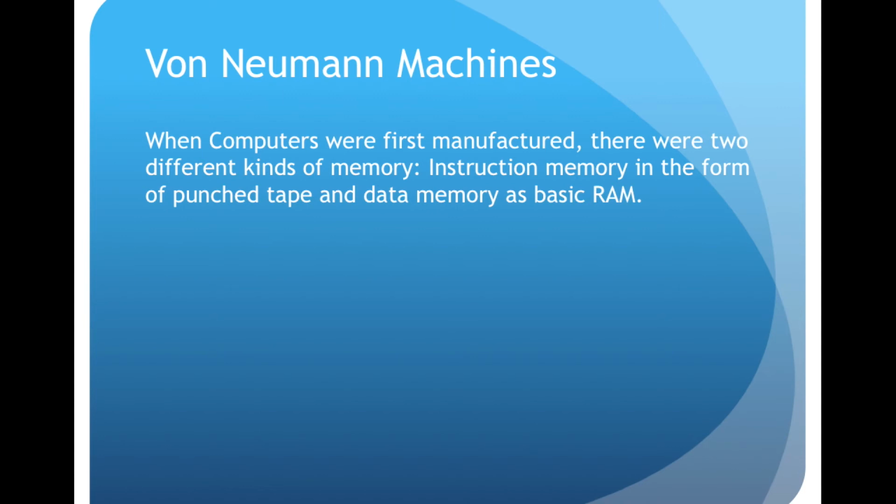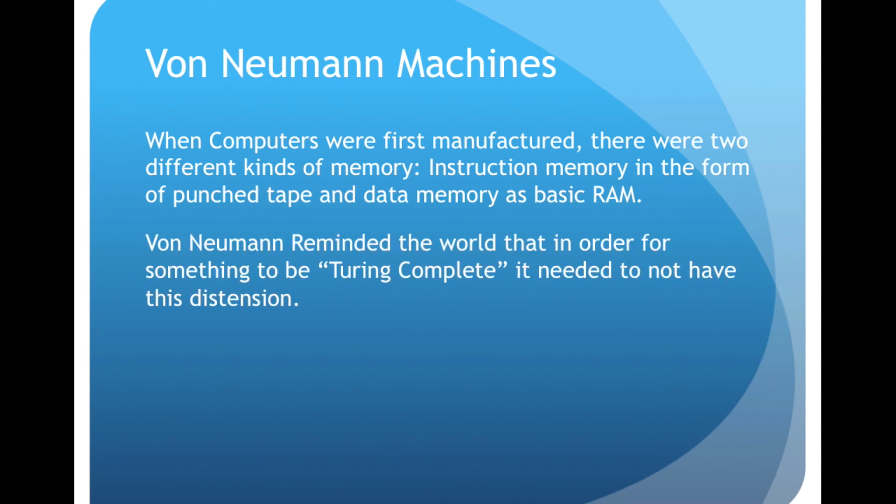And you would have a stack of them, and then you would drop them accidentally, and then you had cool machines that could put them back together. But anyways, the other kind was just the normal memory that we think of today, just RAM, stuff that the computer can edit. And what von Neumann did is he reminded the world that in order to be Turing complete, you needed to have this distinction.